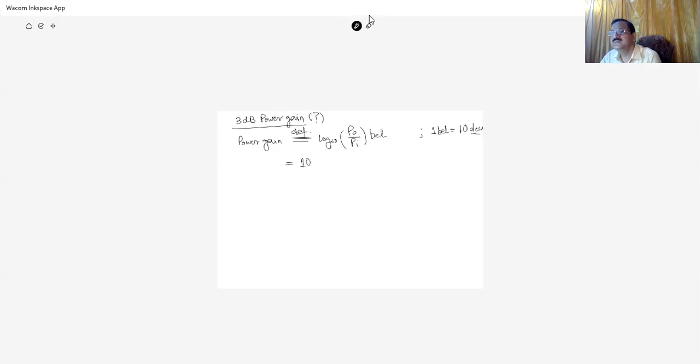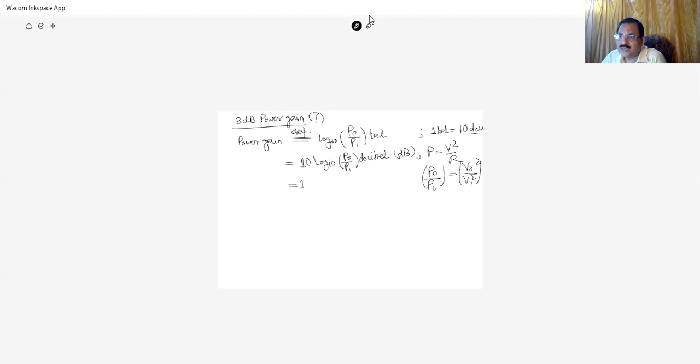So if you replace this, we can write 10 log base 10 of P0 upon Pi, in decibel, dB. And this power is nothing but V squared over R. So P0 upon Pi is V0 squared over R and Vi squared.